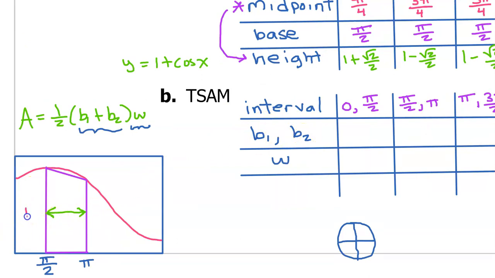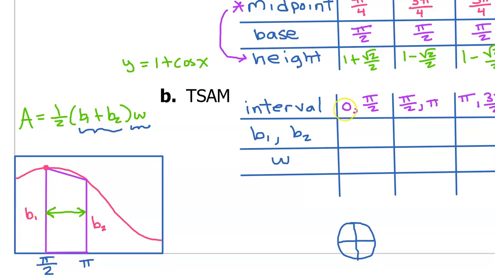So this is base 1 of the trapezoid, and this is base 2. Notice that base 1 is actually the height of the function at the left side of the interval. In other words, it is the value of the function at the left side of the interval.